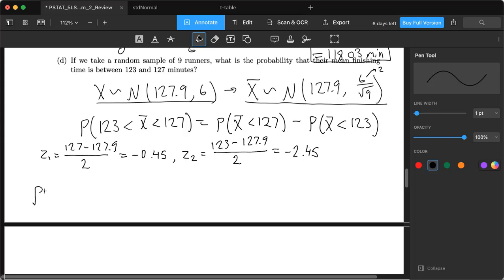So we have the probability that Z is less than negative 0.45 minus the probability that Z is less than negative 2.45.